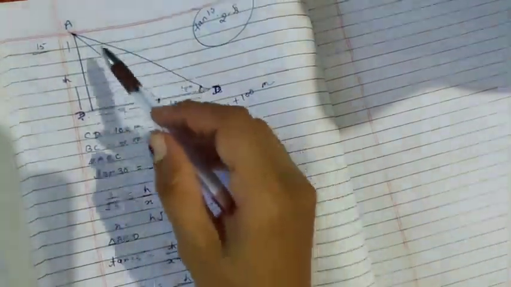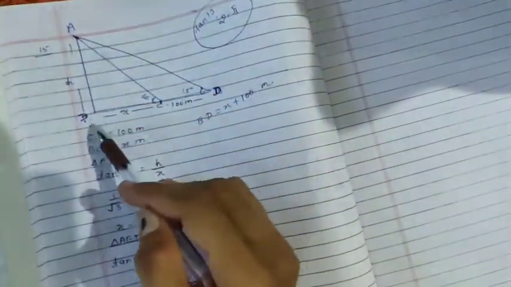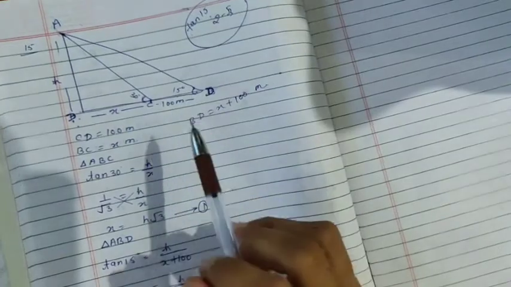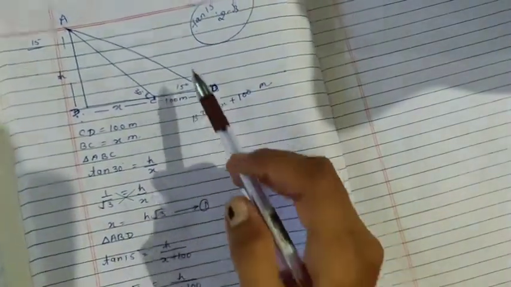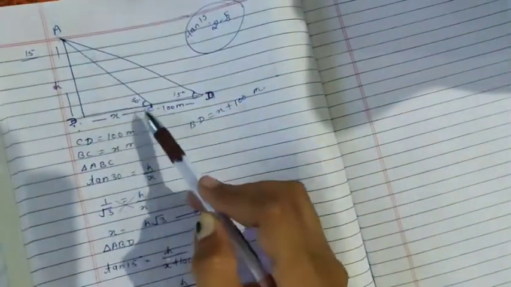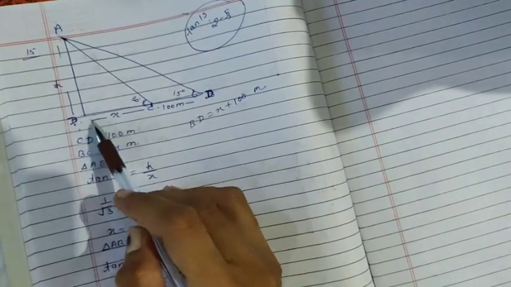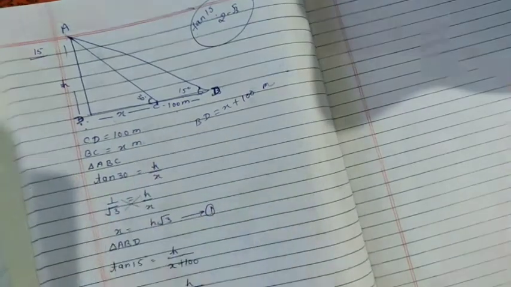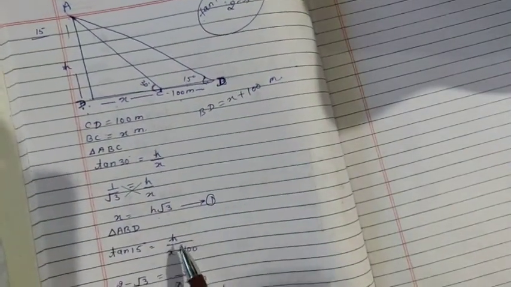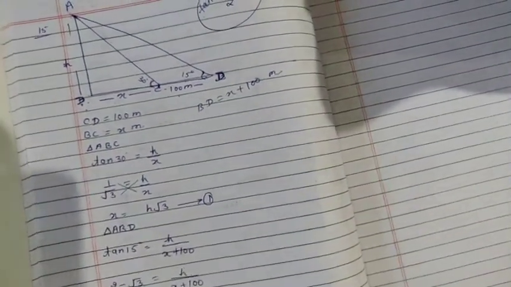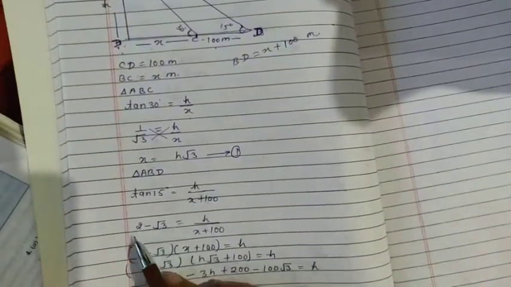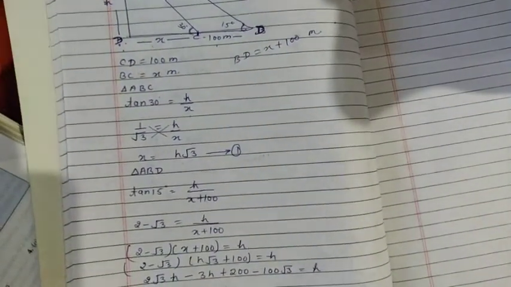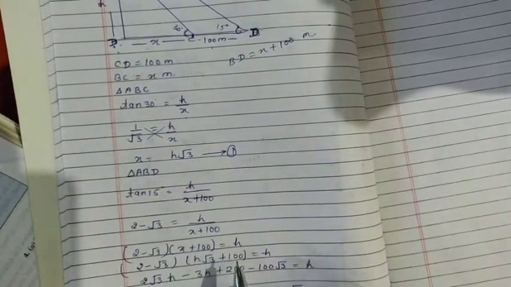Now in triangle ABD, the angle of elevation is 15 degree. So tan 15 degree is equal to h upon x plus 100, because the base is BD and BD equals x plus 100. The value of tan 15 degree is given as 2 minus root 3, equal to h upon x plus 100.